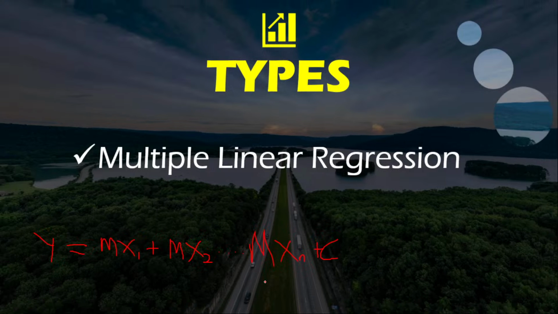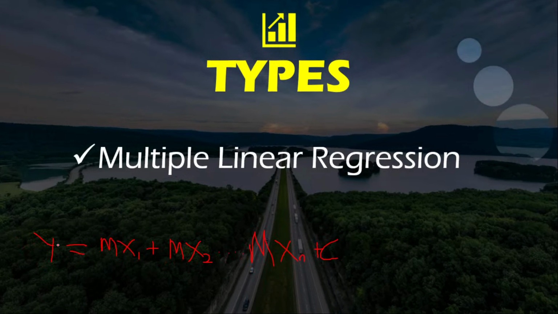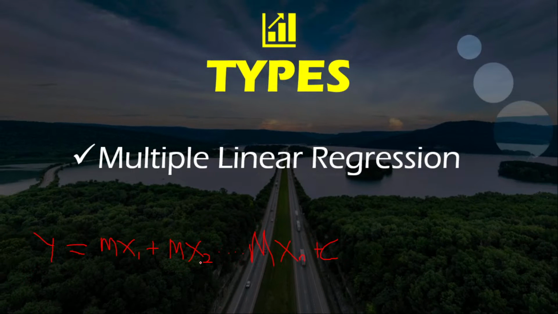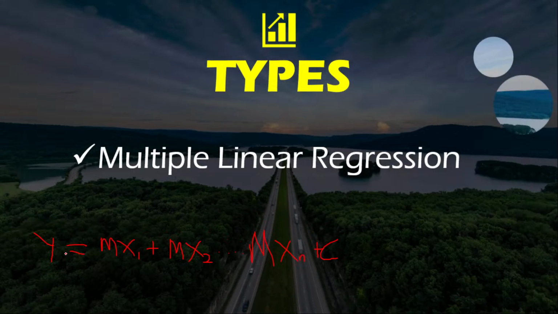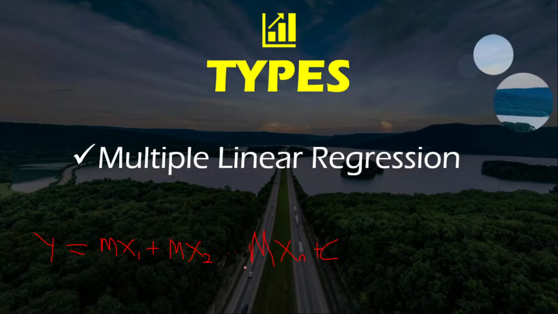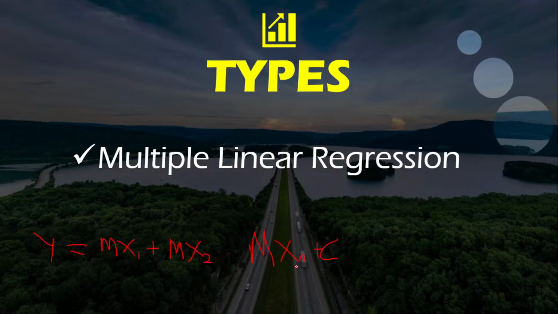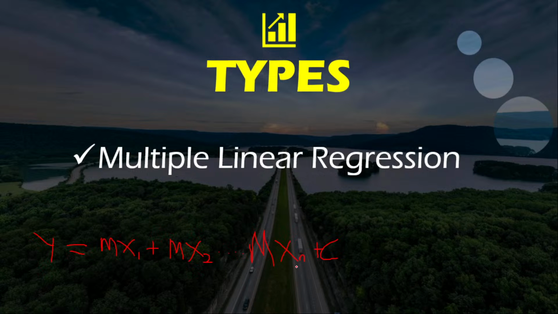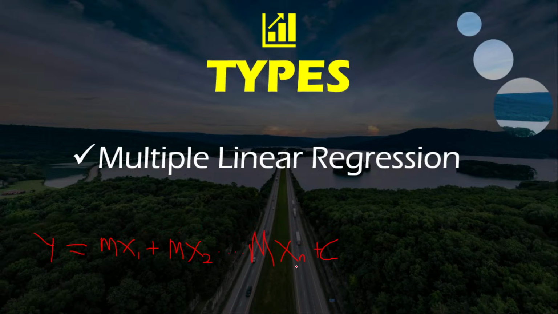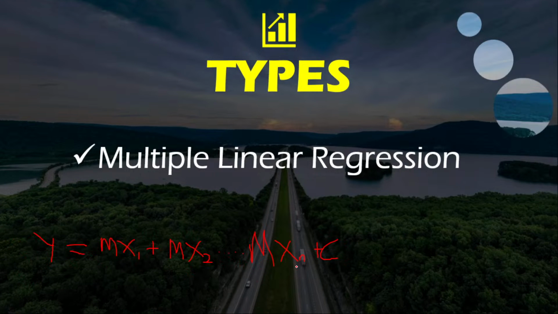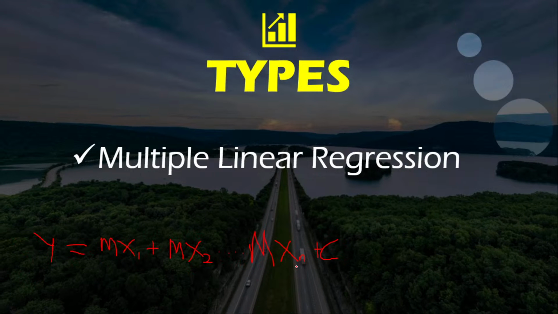So what you have here is a dependent variable that depends on these variables for its result: the x1 variable, x2 variable, up to xn. So it can have as many independent variables as possible. It can have as many predictors as possible. It can have as many factors as possible.